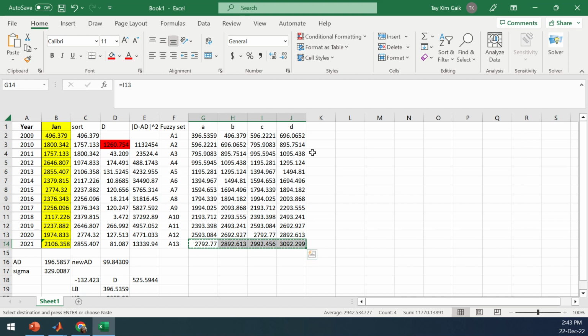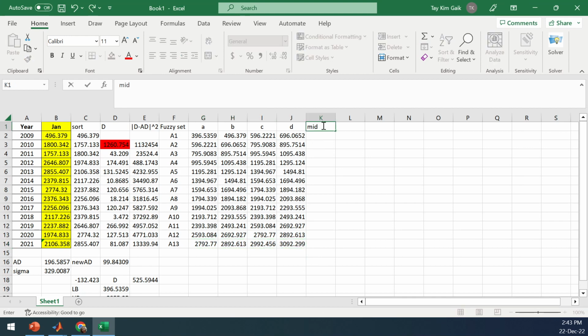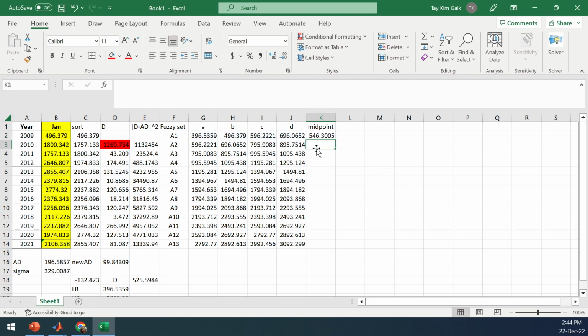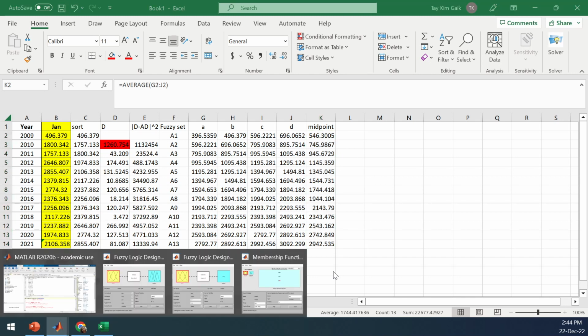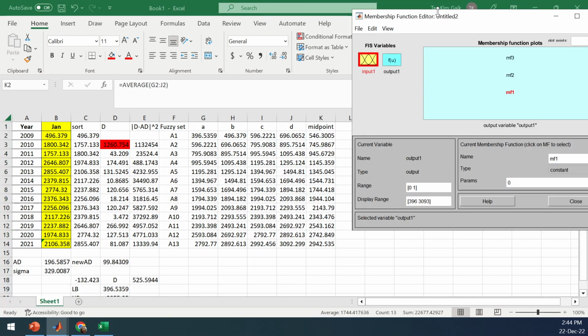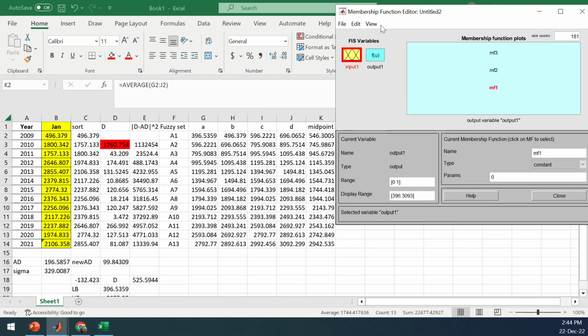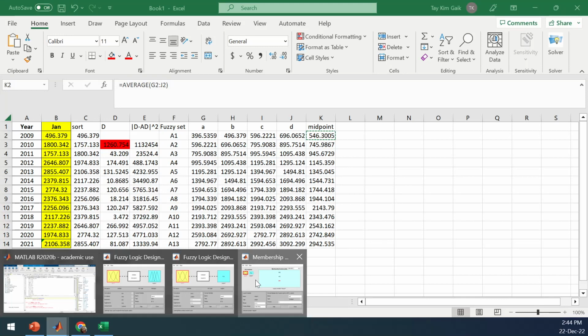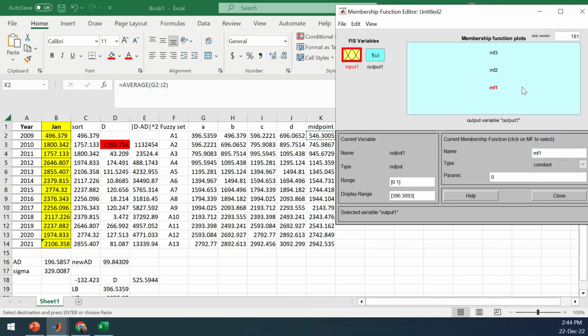And then the midpoint. The output will take the midpoint of the trapezoidal sets there, so the average of the ABCD values. Then you copy the first value, which will be membership function 1.